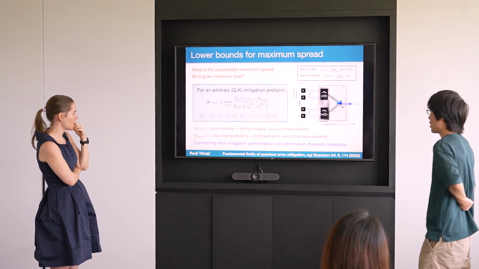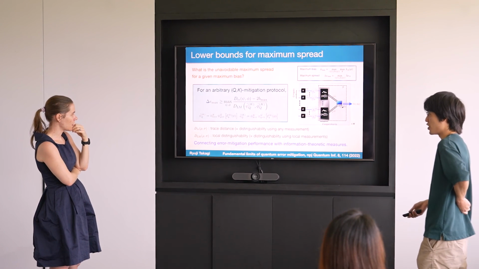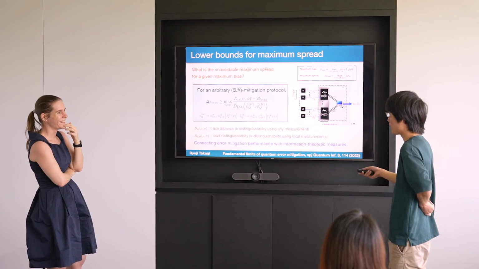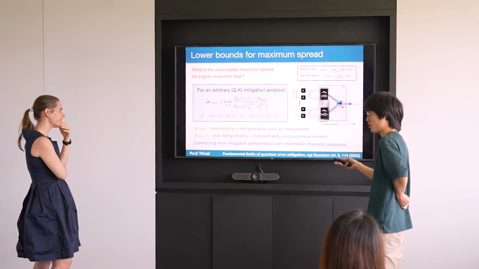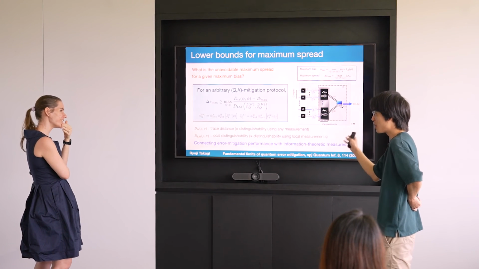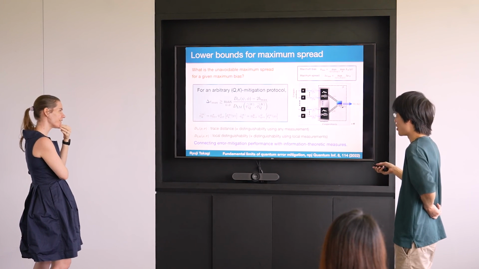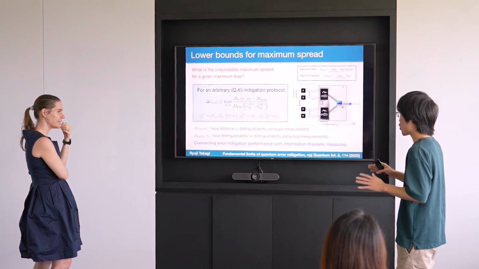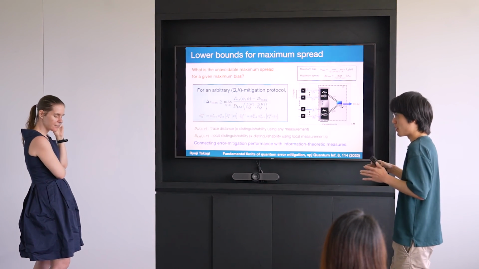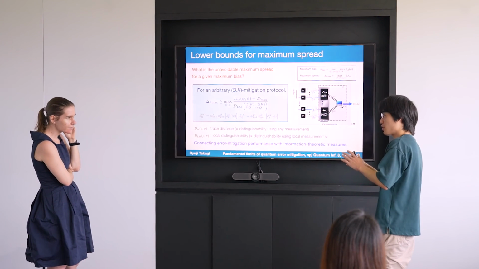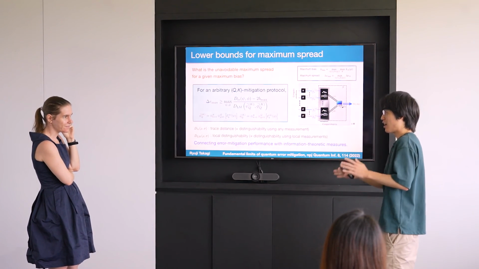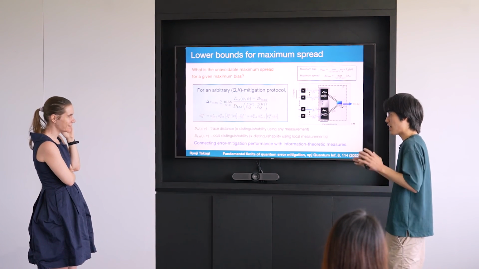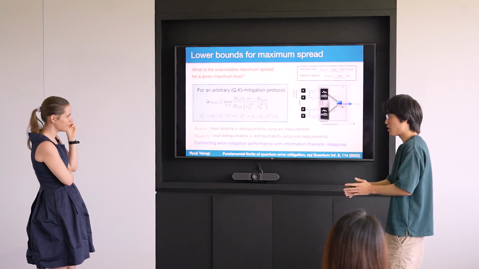Yes. So the example of the GHZ state is precisely what we use in the proof of showing optimality; that's why we talked about the dephasing noise. The idea is pretty much the same or similar. Noise decreases your information, and less information leads to more cost. The question is how to characterize this information.